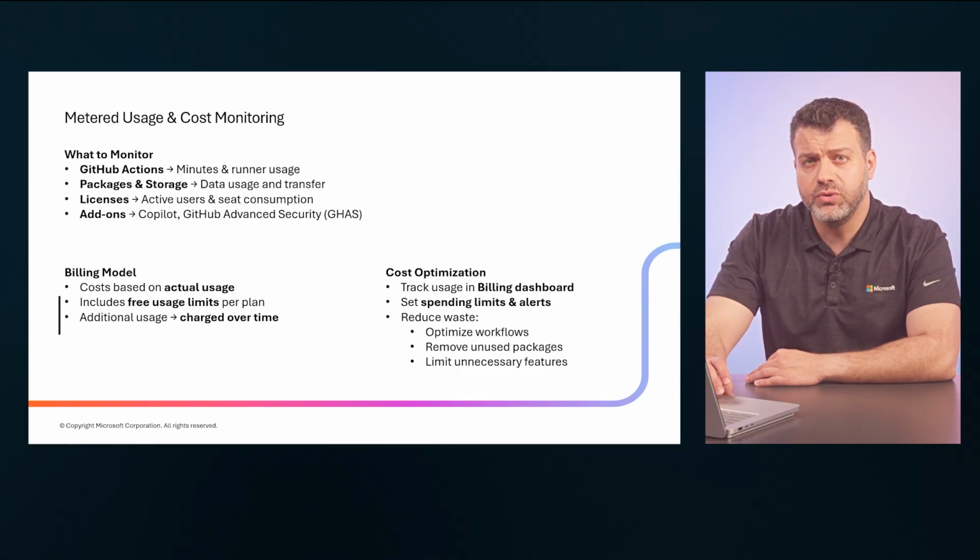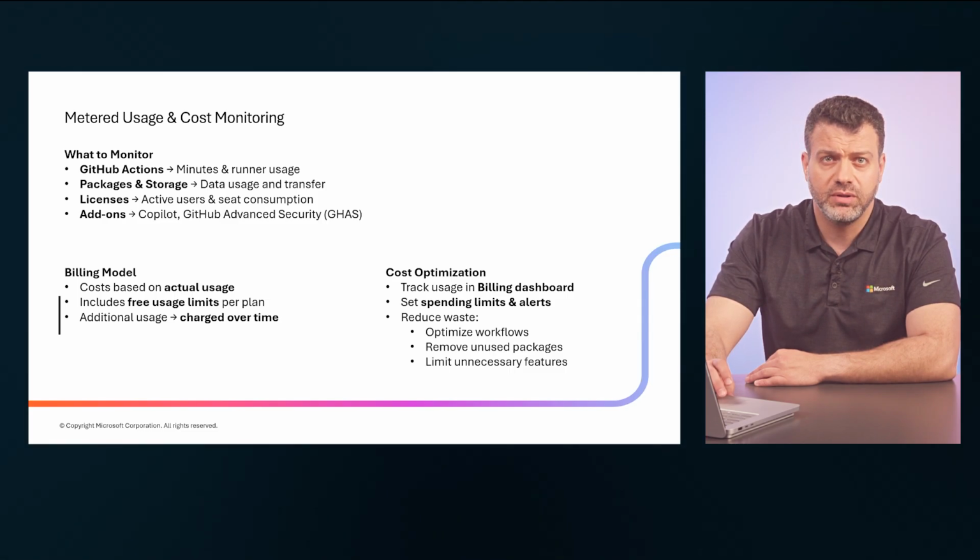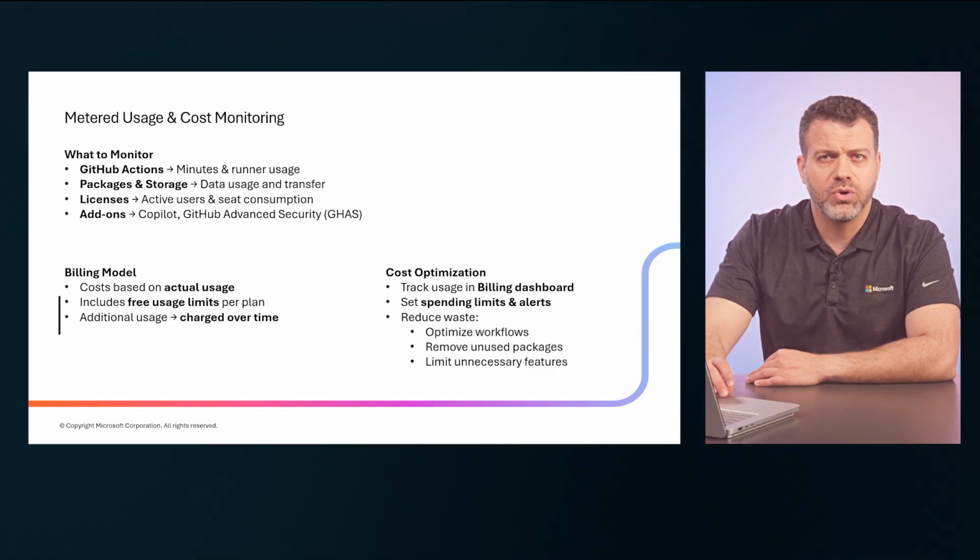Admins can track all the usage in the GitHub billing dashboard, which provides visibility into consumption across repositories and services. To manage cost, it's important to set spending limits, monitor trends, and optimize usage. For example, by refining workflows or removing unused artifacts, you will be able to save some money. Metered usage requires active monitoring to avoid surprises and ensure effective resource usage.